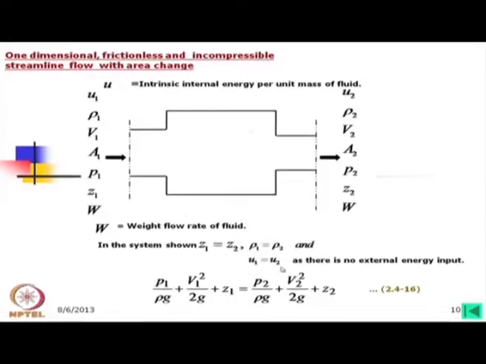And also u1 and u2, that means there is no change in intrinsic internal energy. Then simply we can develop these equations, and we can neglect also z1 and z2 as they are equal.